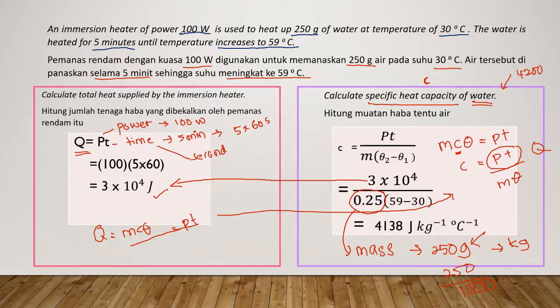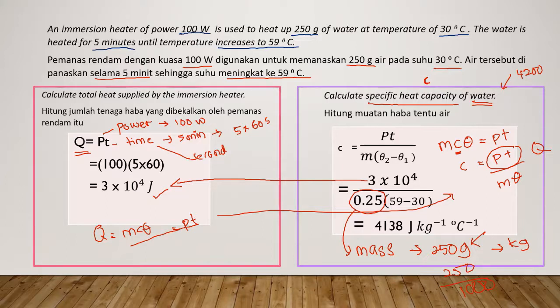Ini 59 minus 30, this final temperature minus initial temperature, 59 degrees Celsius minus 30 degrees Celsius. So you got the answer almost same with the teori punya nilai. Kamu tengok dia punya nilai hampir sama dengan nilai teori. Nilai teori kita 4200. Nilai yang kita kira ialah 4138, hampir tepat. Jadi kita hanya gunakan rumus yang hampir sama, mc theta equal to Pt.